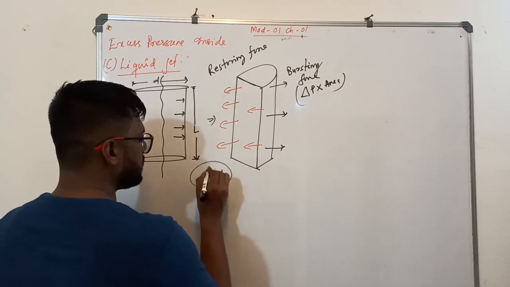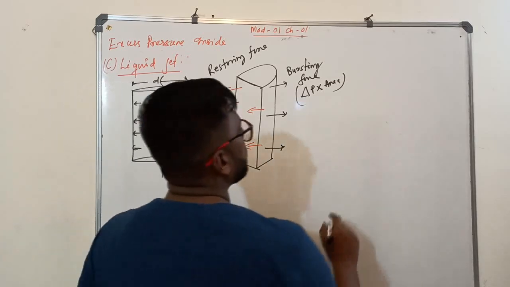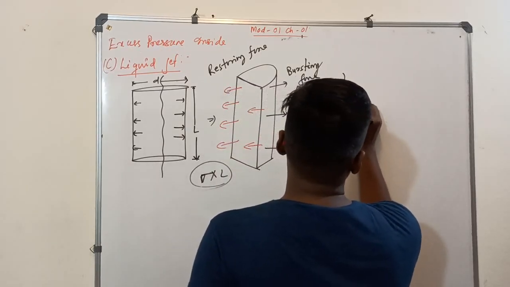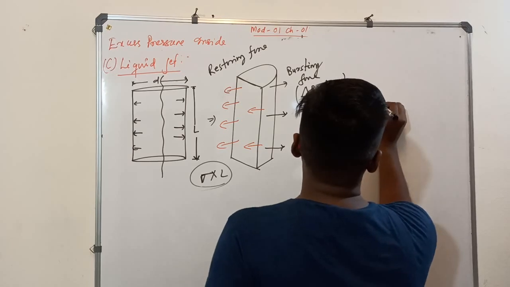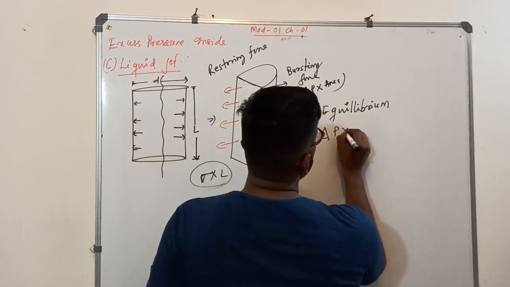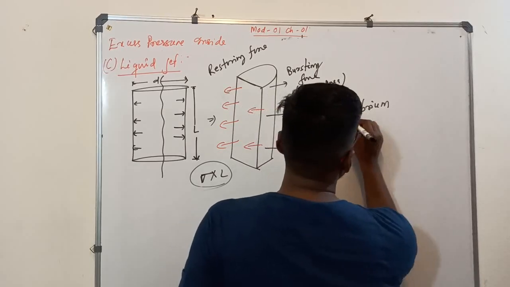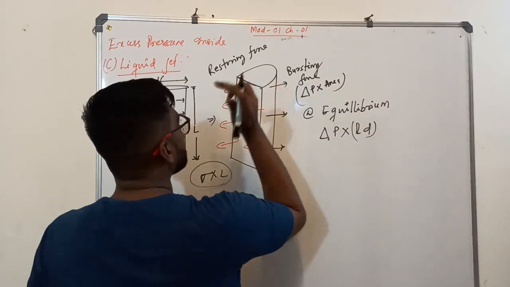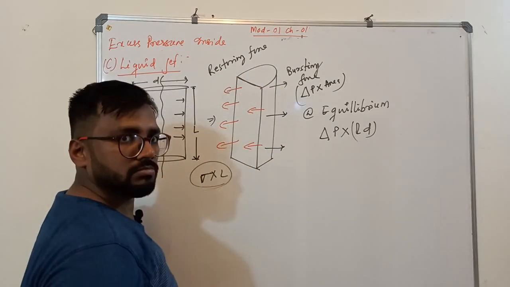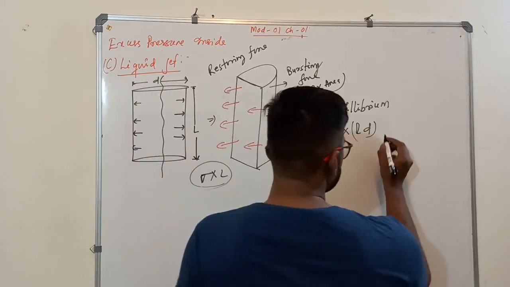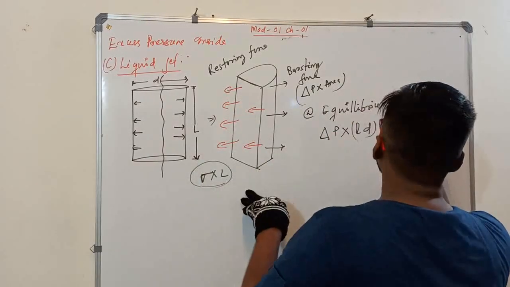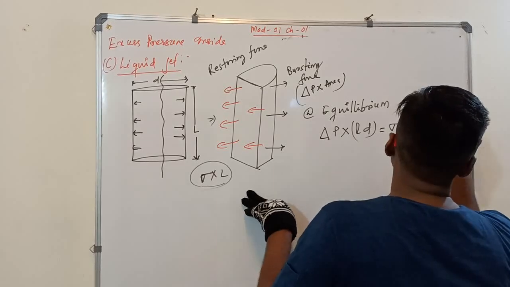For equilibrium, your bursting force and restoring force have to be the same. So delta P into area, what is the area? L into D, diameter D and length L. So this implies sigma into 2 into (L plus D).